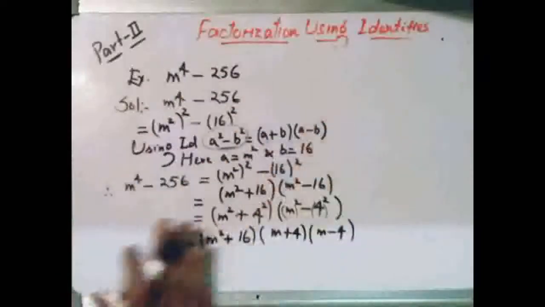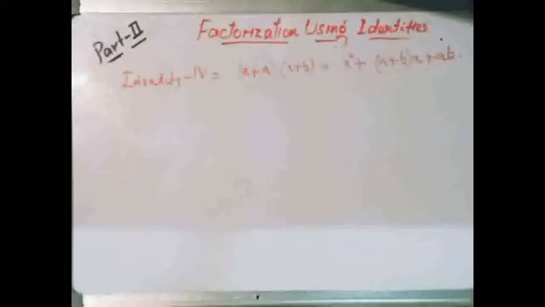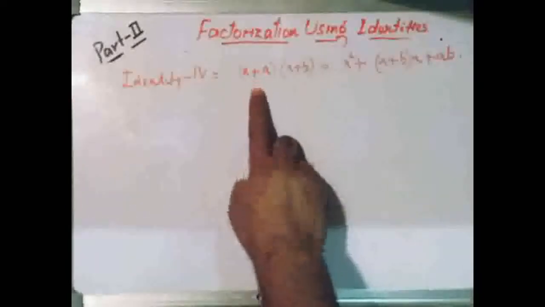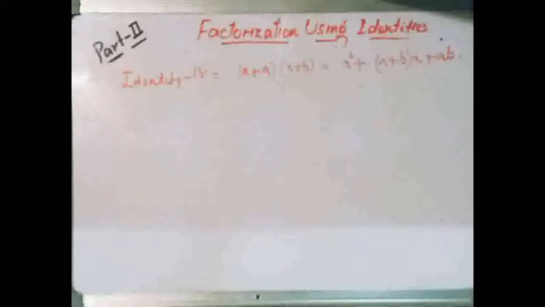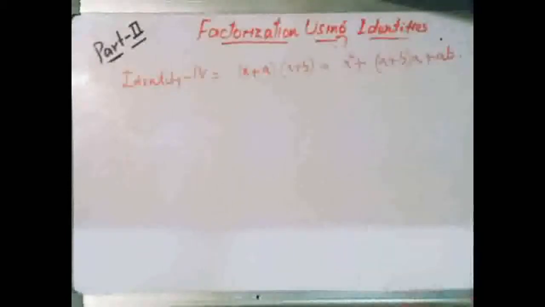So these three are the factors of the expression in the question. Now here is another identity: x plus a times x plus b is equal to x square plus a plus b times x plus ab.